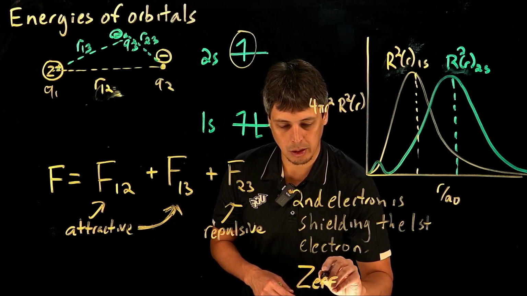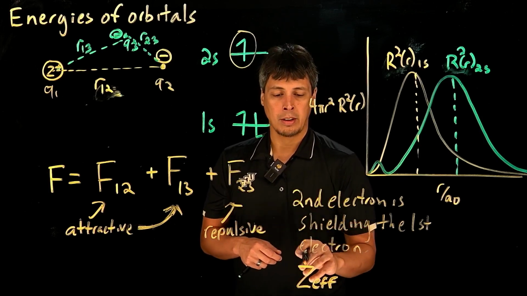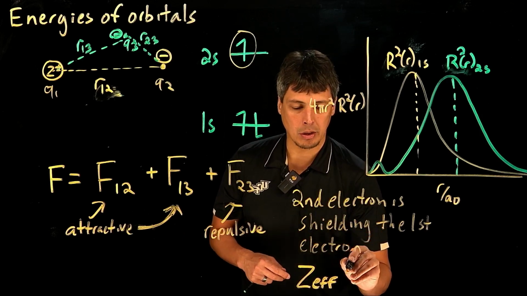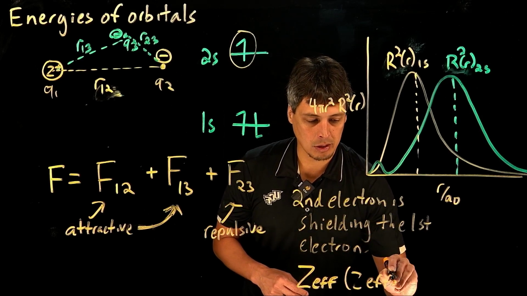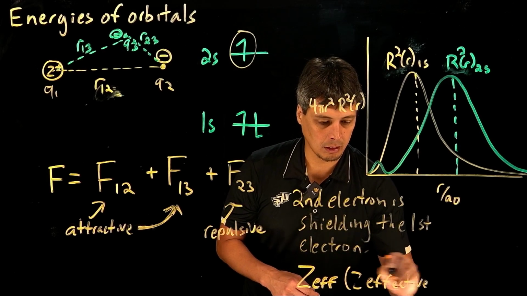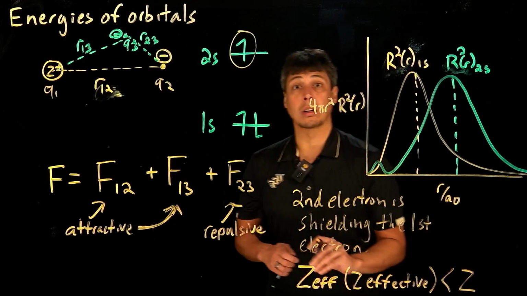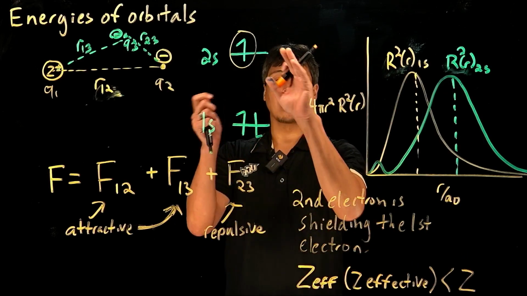We can refer to the effect of this lower attractive force as an effective change in the nuclear charge, and so we call this term the Z effective. Z effective will be less than the actual nuclear charge of the nucleus, and that's going to depend on the electron configuration of the atom.